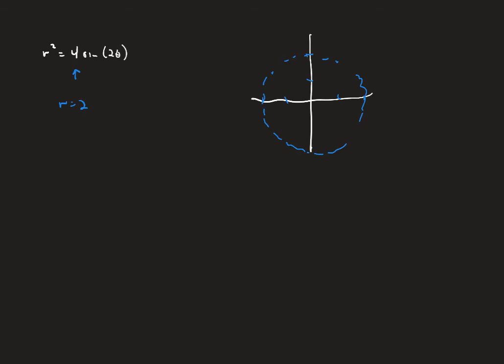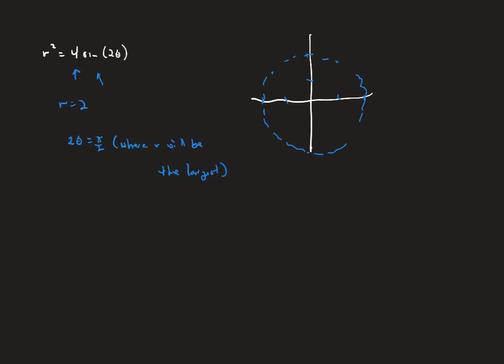Now we know that a sine will be its largest at pi over 2. So we will say 2 theta is equal to pi over 2. This is where r will be the largest. So we're going to get that boundary.